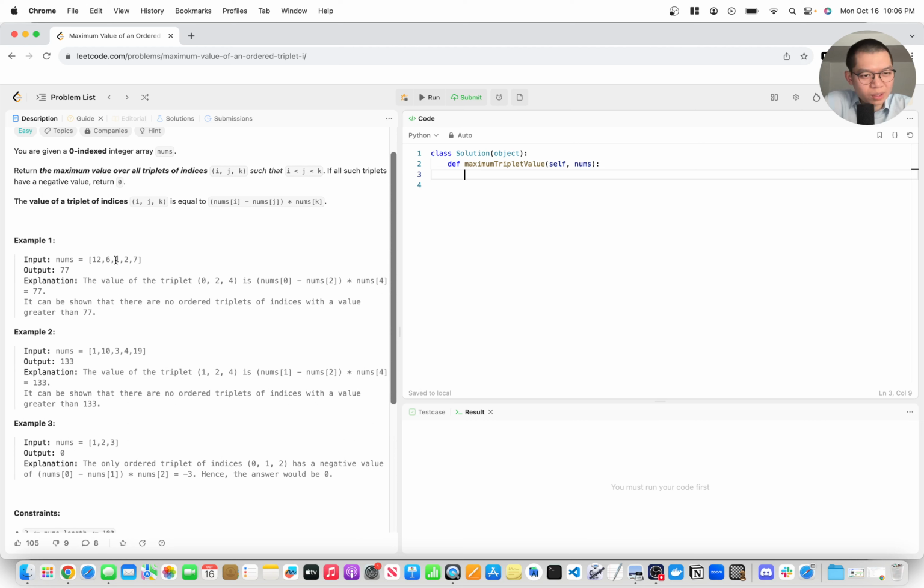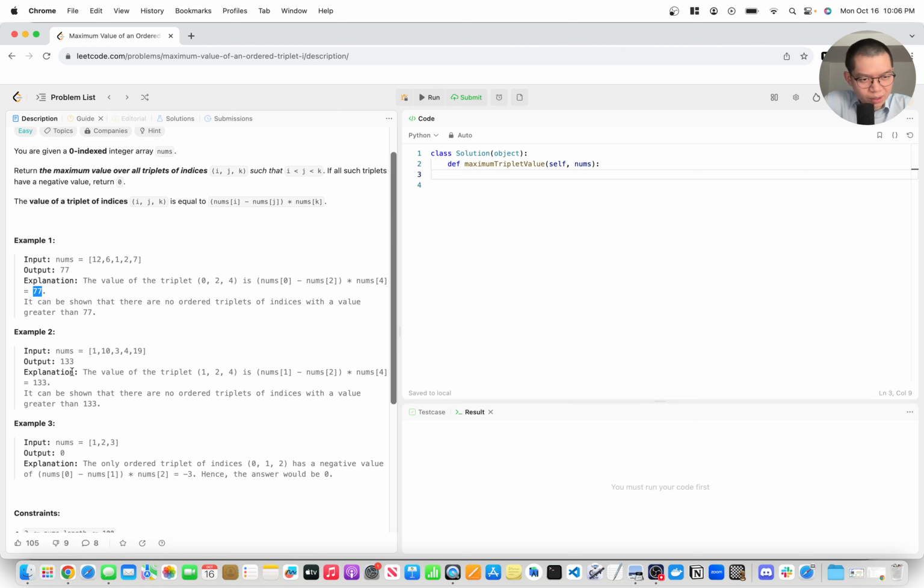You're given 12, 6, 1, 2, and 7. You have the triplet 0, 2, 4, and this is a value of 77, and it says that it can be shown that there are no ordered triplets of indices with a value greater than 77. Same with this one.